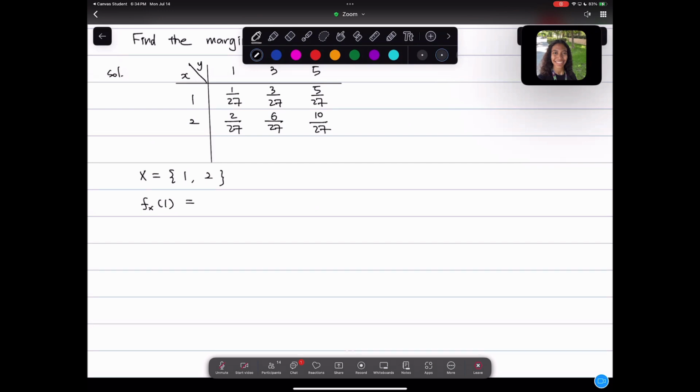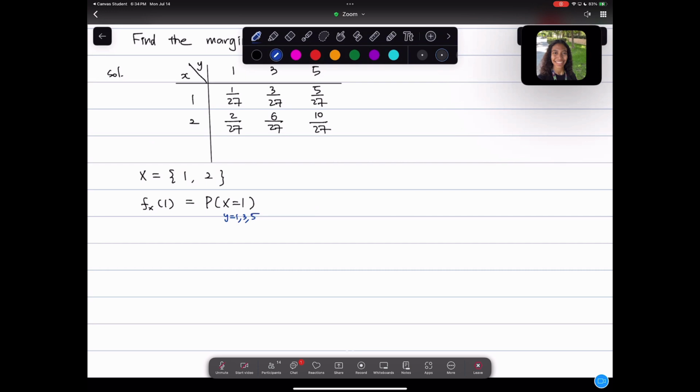There's a probability that your x has to be 1, but y can be any y value. Let's leave it as this.